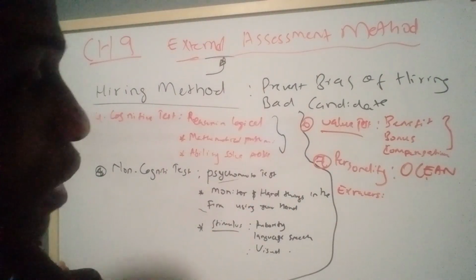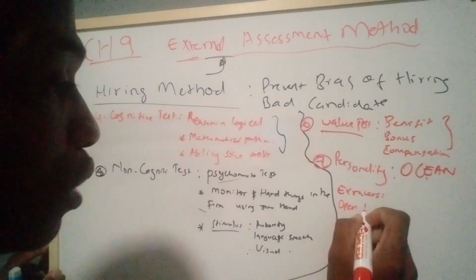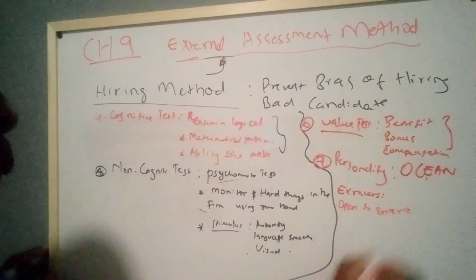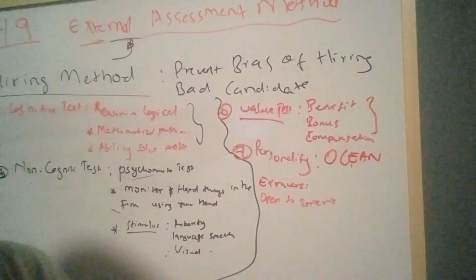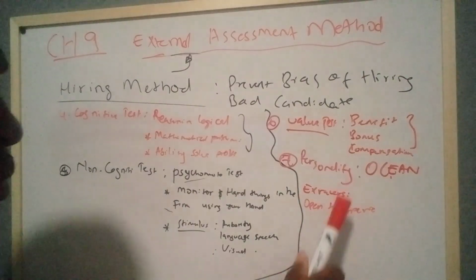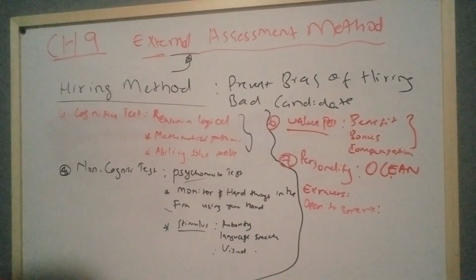extroversion personality. You have extroversion personality, and then open to experience. Open to experience. This is where you are being creative in order for you to solve problems in the organization.